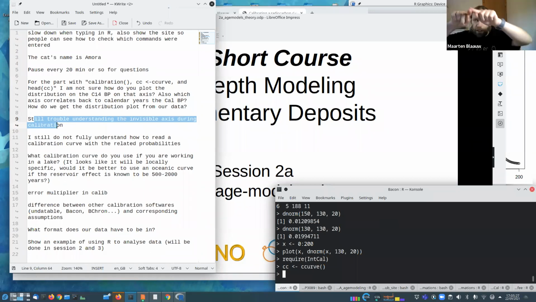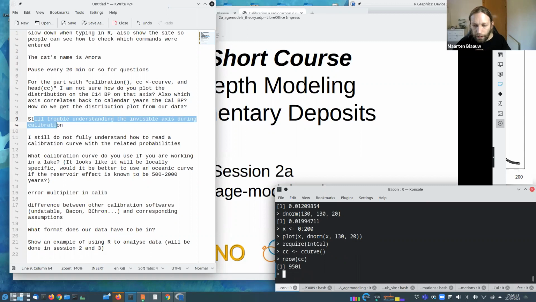This is sort of an array or a matrix with 3 columns and 9,501 rows. I can ask nrow(CC), how many rows are there in CC? 9,501.